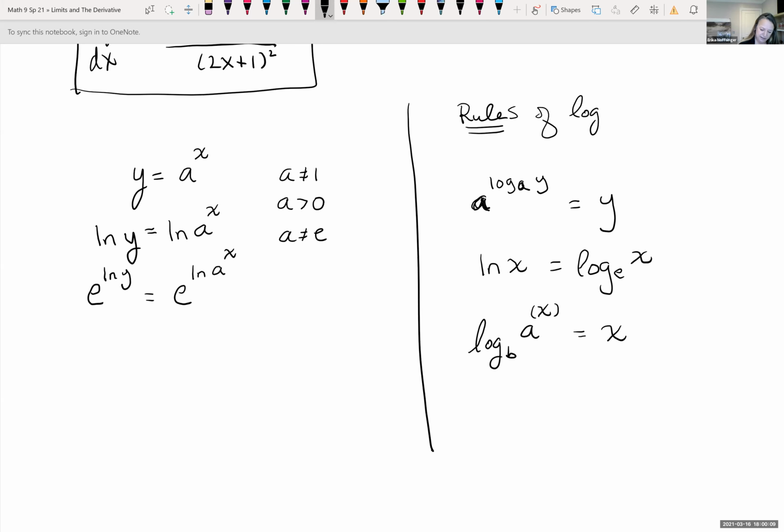So this is the same thing as x times log base b of a. So I want to use that rule and bring the exponent down in front of my natural log. Well, e to the natural log of y is just y, so I can write y equals e to the x times the natural log of a.